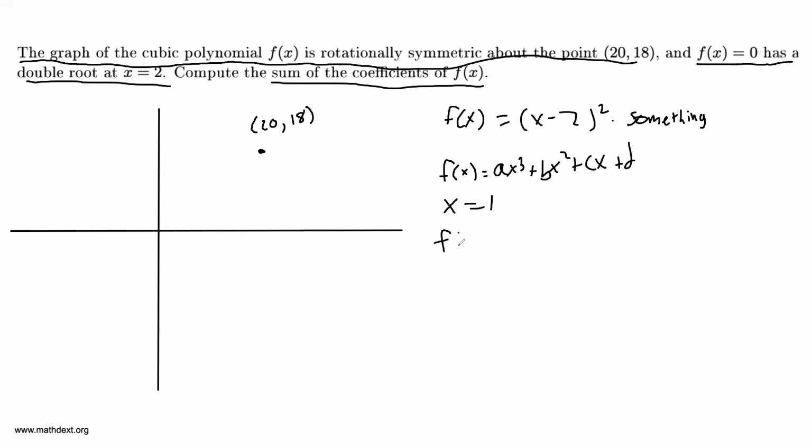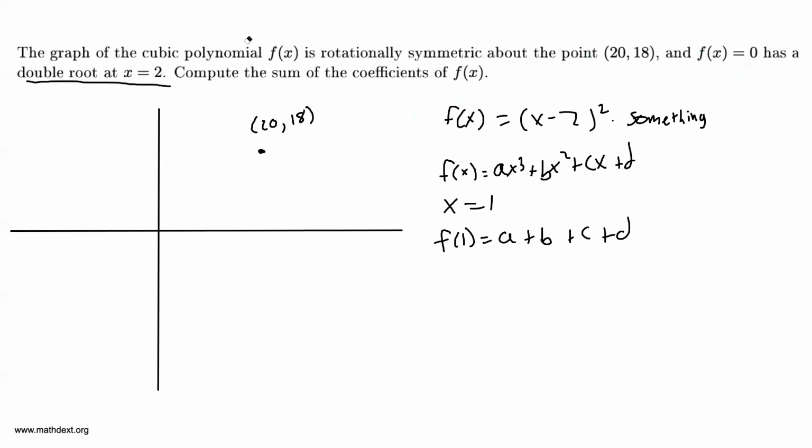You get f of 1 is equal to a times 1 cubed, which is a, plus b times 1 squared, which is b, plus c times 1 plus d, which is a plus b plus c plus d, the sum of the coefficients of f. So if we are able to find out what f of 1 is, we should be done.